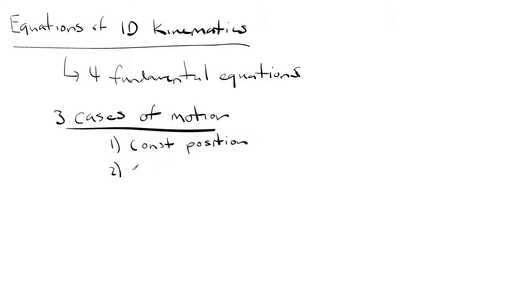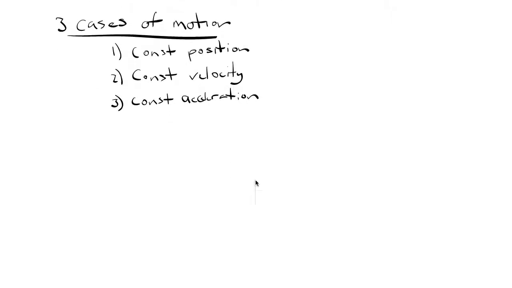The second case is constant velocity. The third case is the case of constant acceleration. We're going to talk about those 3 cases of motion. So let's jump right in and look at case number 1.